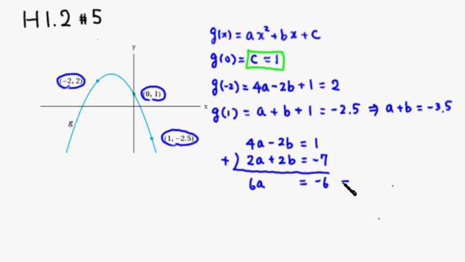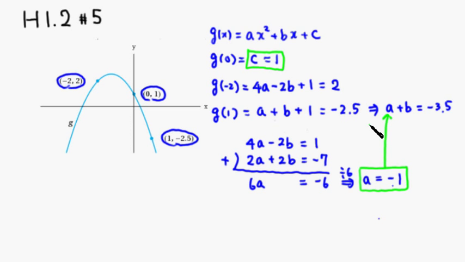We can just divide through by 6, so a is equal to negative 1. Then we can plug a equals negative 1 into this equation right here.